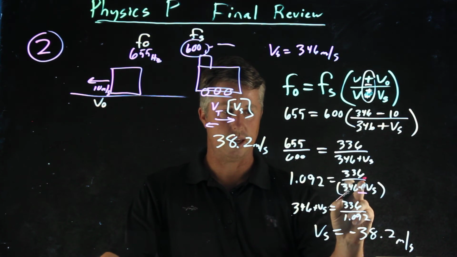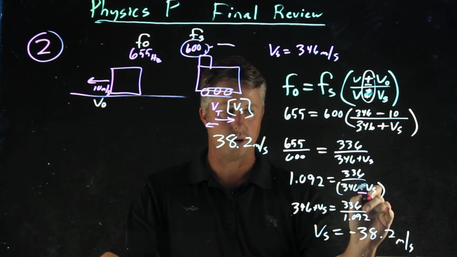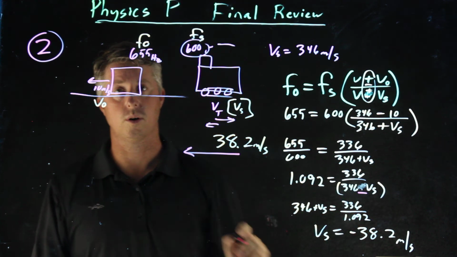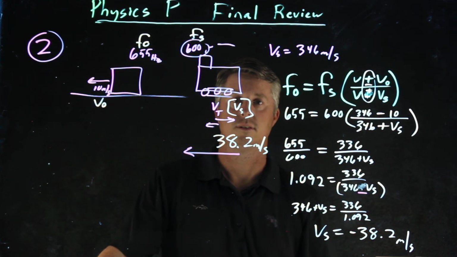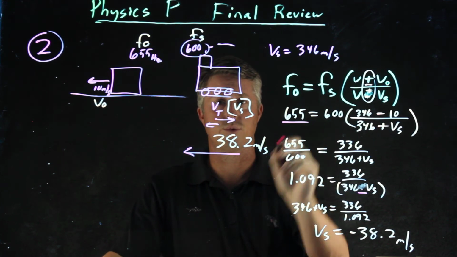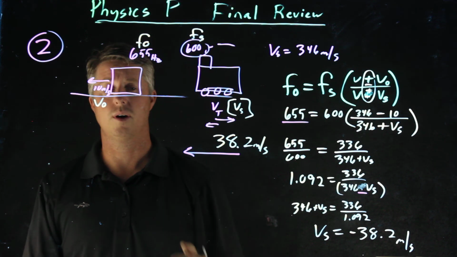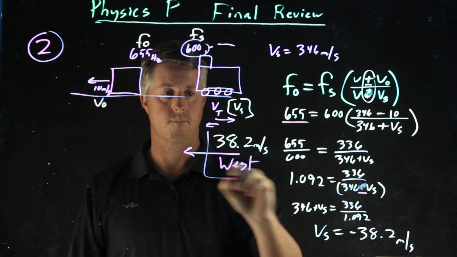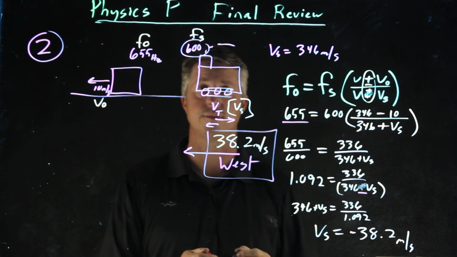If this was negative, that is a situation in the denominator where this object is moving towards my observer, which would make sense. I need something that would increase the total frequency. Moving faster would give you a higher value. So this is going to be moving west. And there's your answer. Good luck.